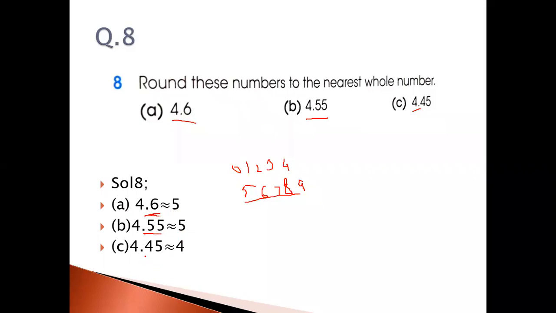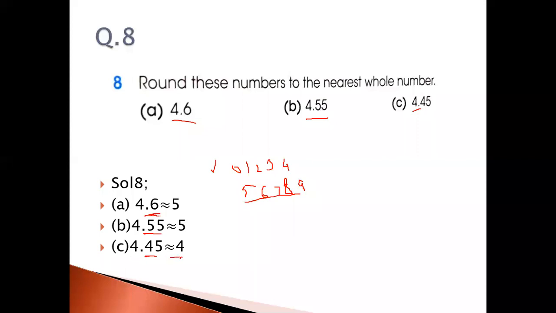In case of 4.45, you can see that immediately after the decimal point, the number at the 10th place is in the first category that we have written here, which has the numbers 0, 1, 2, 3, 4, and 4 is the number at the 10th place. इसका मतलब हम इसको राउंड अप नहीं करेंगे, इसको राउंड डाउन करेंगे, फ्रैक्शनल पार्ट को रिमूव कर देंगे और 4 में कुछ भी ऐड नहीं होगा. अगर यहाँ पे कोई भी नंबर होता उसमें भी कुछ भी ऐड ना होता, सिंपली वो नंबर एज इट इज लिख देते.